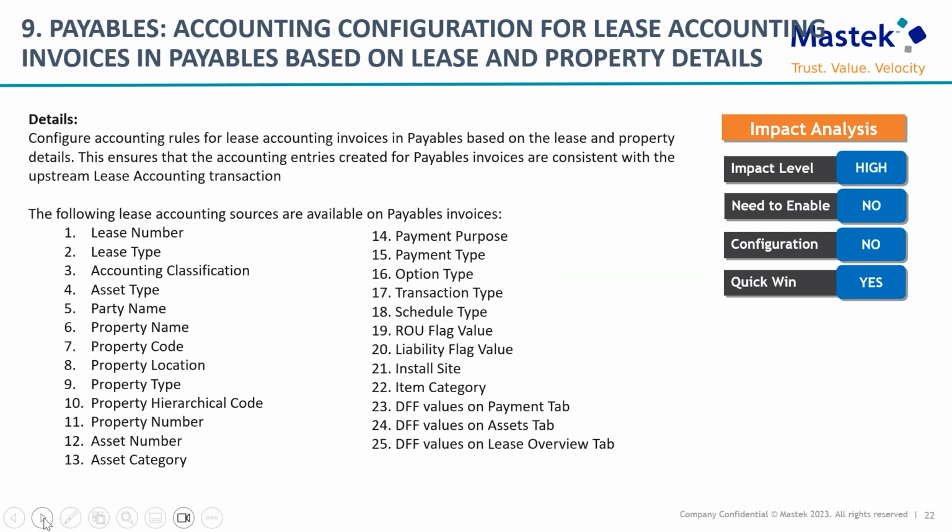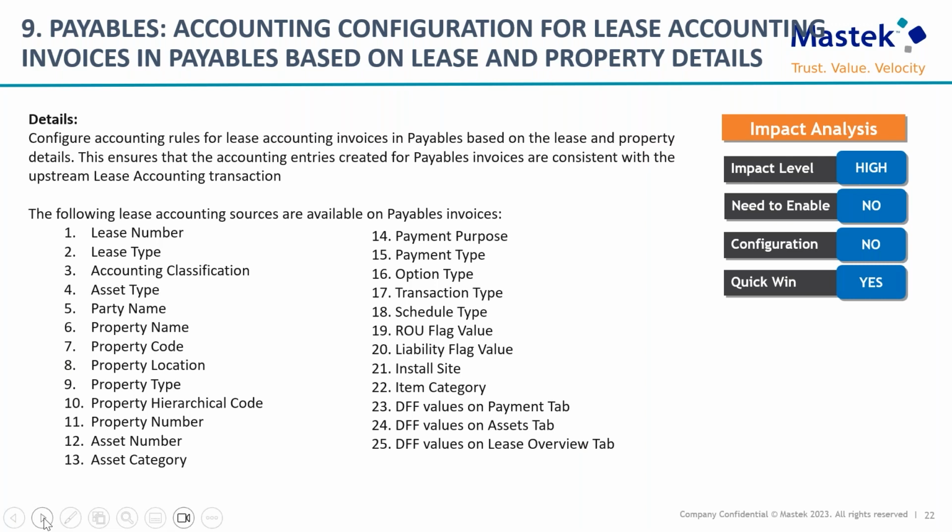Next update is from the payables area, which is accounting configuration for lease accounting invoices and payables based on lease and property details. We can configure accounting rules for lease accounting invoices and payables based on leases and property details.